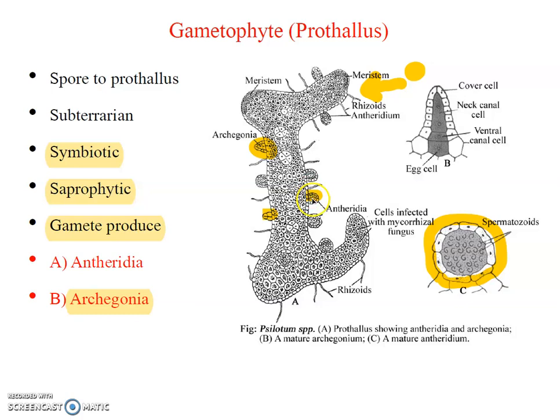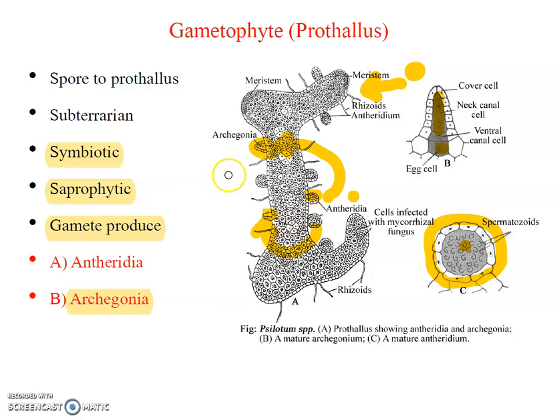With the help of water, these spermatozoids travel from the antheridia to the archegonia, and fertilization takes place there. When the spermatozoids are released along with the water, they migrate to the archegonium because it produces a sugary substance. They are attracted to it, enter the archegonium, and fuse with the egg.